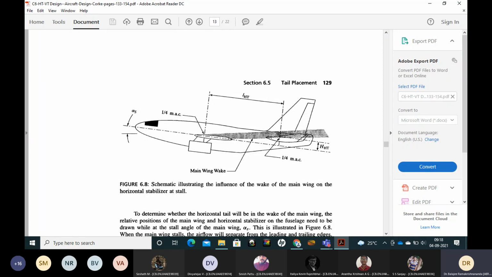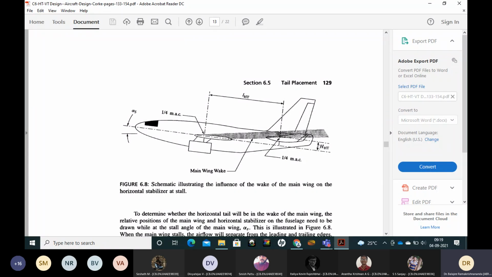Now this HHT is the vertical height of the horizontal tail from the mean chord line of the wing. Assume it to be the fuselage center line, or in the mean chord of the wing, you draw a straight line parallel to the fuselage passing through the aerodynamic center of the wing.